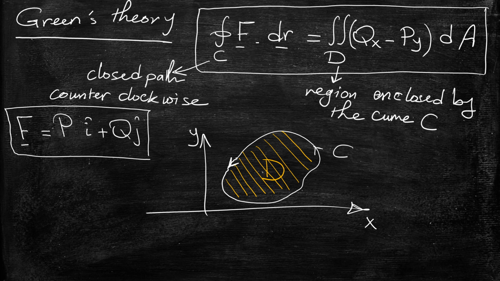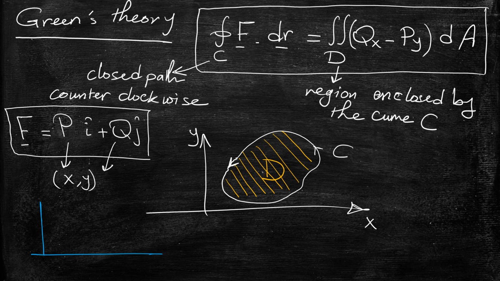And P and Q, both of them are functions of x and y. So if we have any vector F, and this vector F has this P and Q, instead of doing this line integral, and maybe you will end up with something like this.